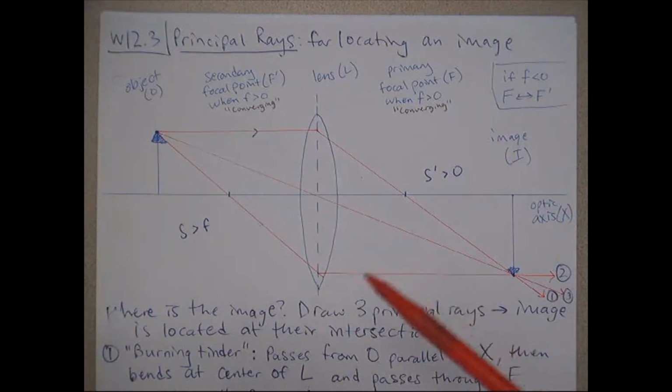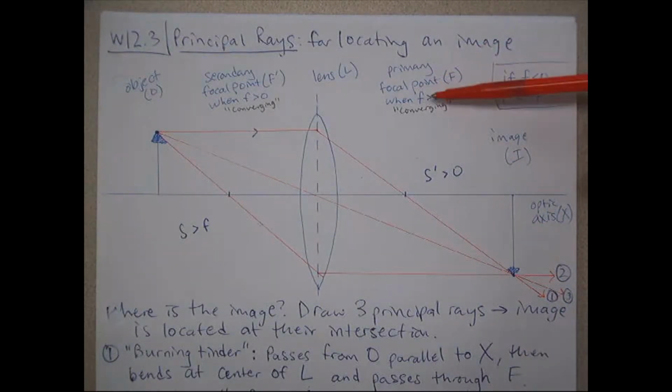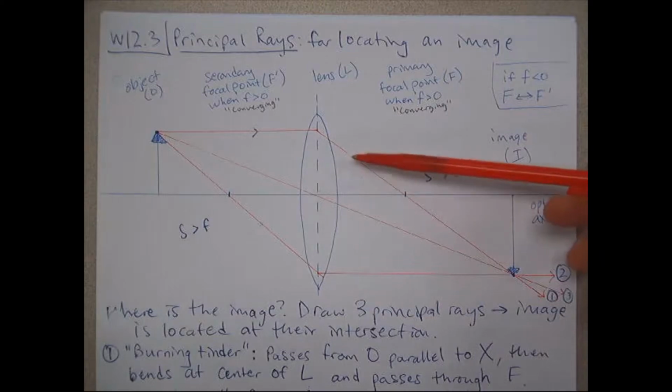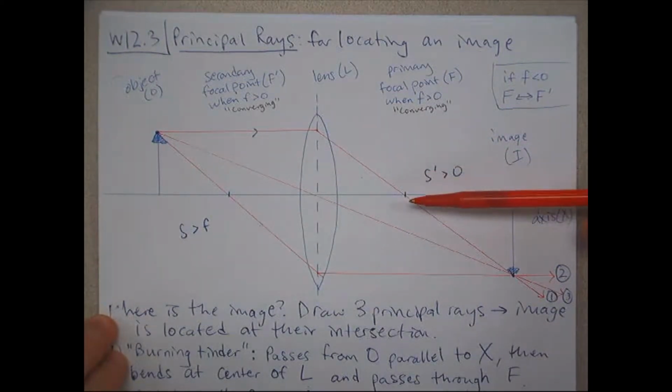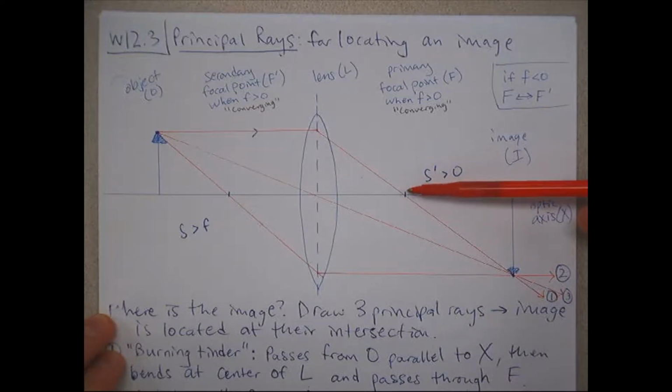The lens has a focal length, which is lowercase f. This is the variable we use to denote focal length. If focal length is a positive number, that represents a converging lens, as shown here, and its primary focal point will be on the right side of the lens.